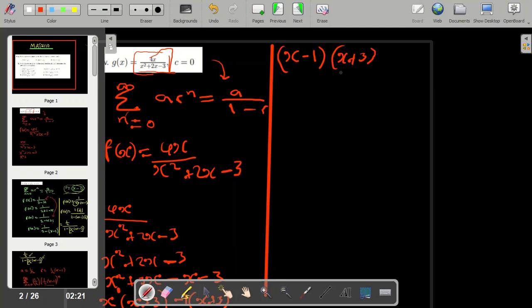This is what we have on the denominator. So our function is going to be 4x over x minus 1 multiplied by x plus 3.